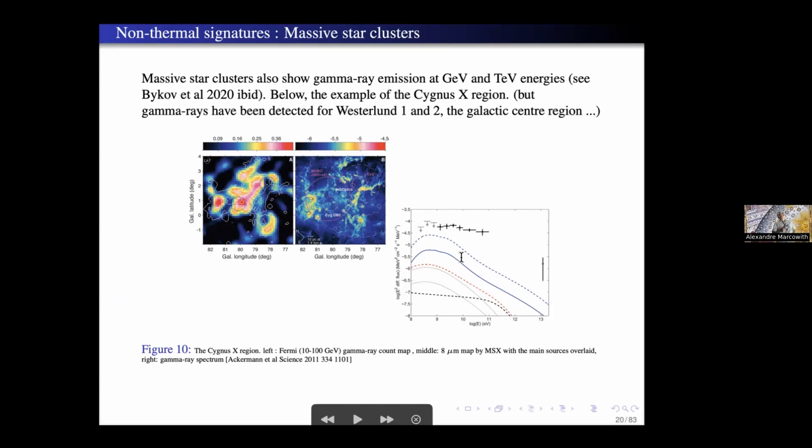The gamma rays show a very hard spectrum here, about E^-2. So there is, let's say, a source of freshly accelerated cosmic rays there, up to about a few tera electron volts. So this confirms there can be a source of cosmic rays here too.